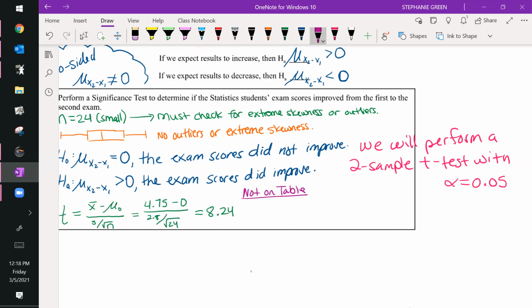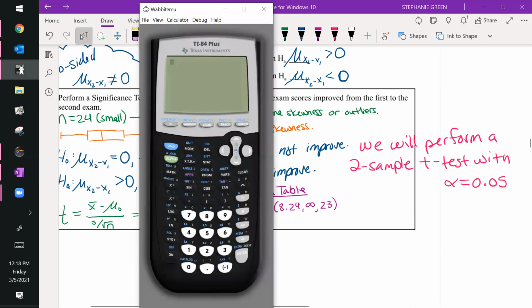We're going to use TCDF from 8.24 to a really big number with degrees of freedom equal to 23. So I'll grab that and show you. Second distribution, TCDF is option 6. My lower is 8.24. My upper is a huge number. And my degrees of freedom is 23.